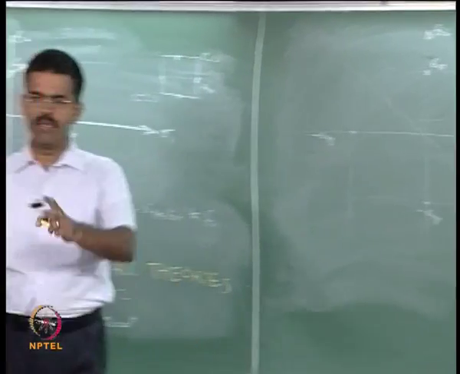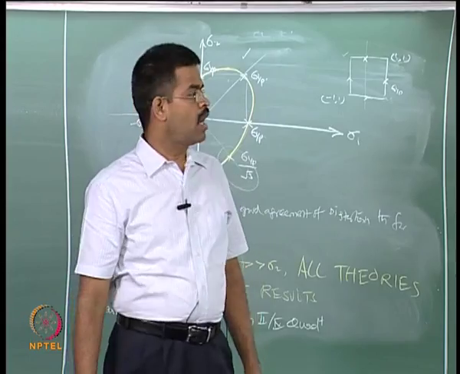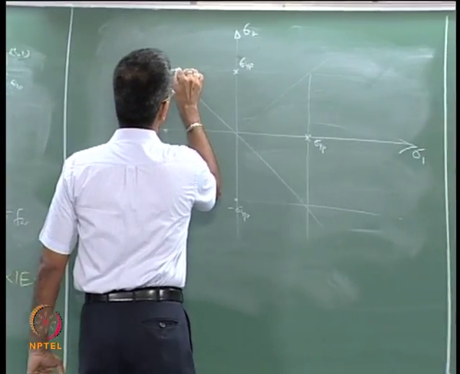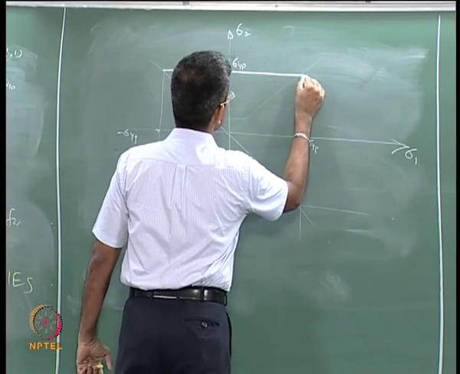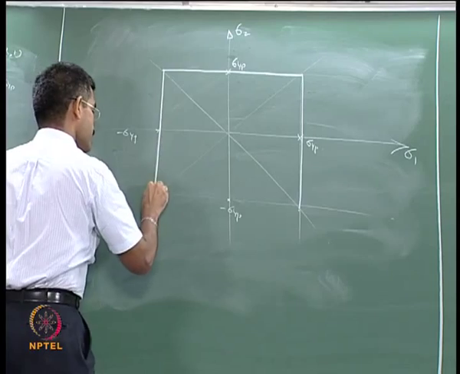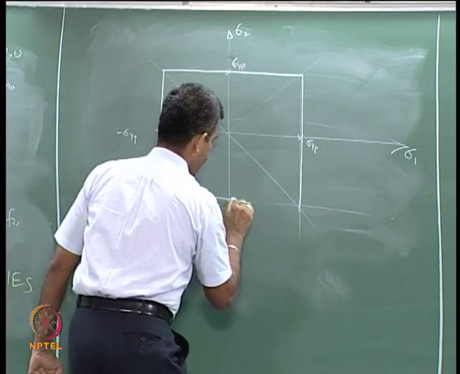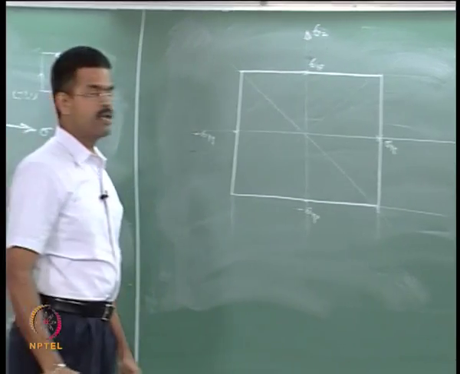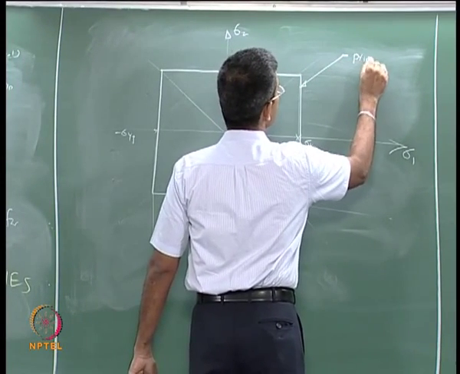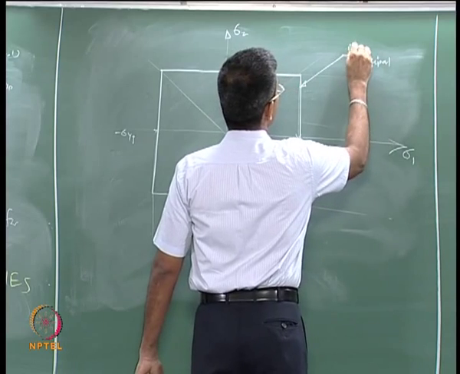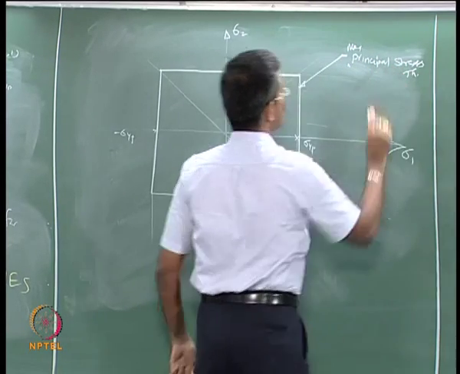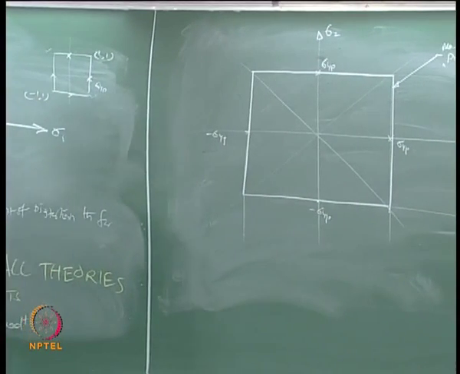Let us draw with the, please open back your notes and see how do we draw the principal stress theory boundary. I am drawing it here, if I am wrong please correct me. This is my principal stress theory boundary. Okay, I can write it here as based on the Rankine's principle.